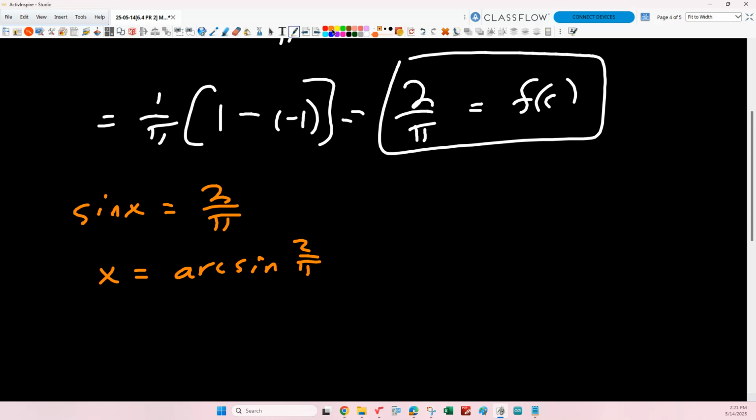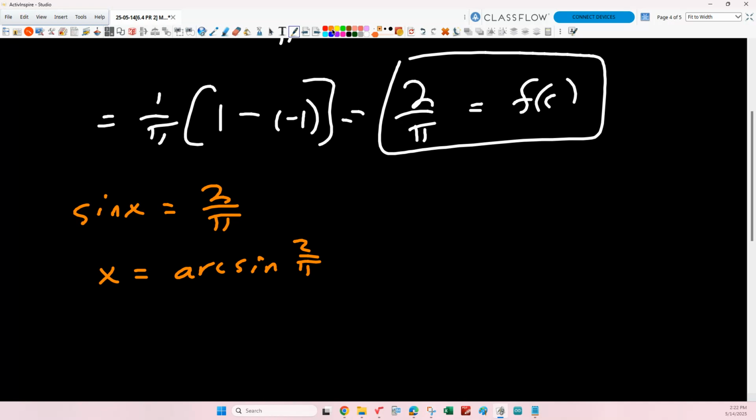So where's the principal domain of arc sine? If you do an arc sine function on your graphing calculator or on any calculator, it's going to give you back an answer with what restrictions? That's a good question.